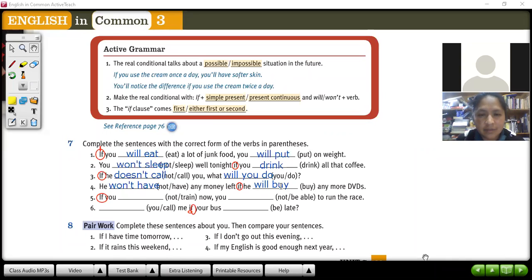No, the correct one is buy. Yes. He buys. Simple present, buys.